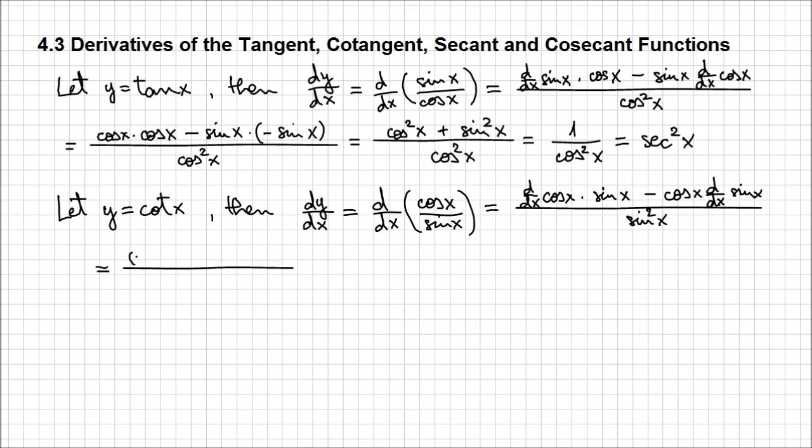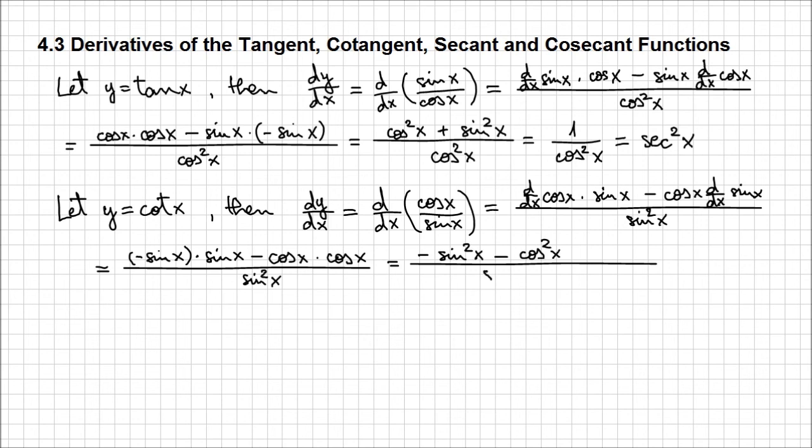Let's replace those derivatives. Derivative of cosine of x is going to be negative sine of x times sine of x minus cosine of x times derivative of sine of x is cosine of x, everything over sine square of x. Simplify this expression to minus sine square of x minus cosine square of x, everything over sine square of x. This negative sign I can put in front of the fraction line, and in the numerator we're going to keep sine square of x plus cosine square of x, everything over sine square of x.